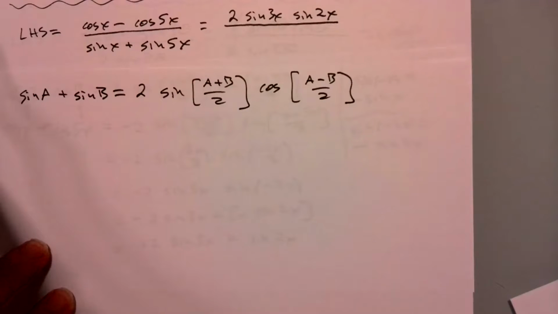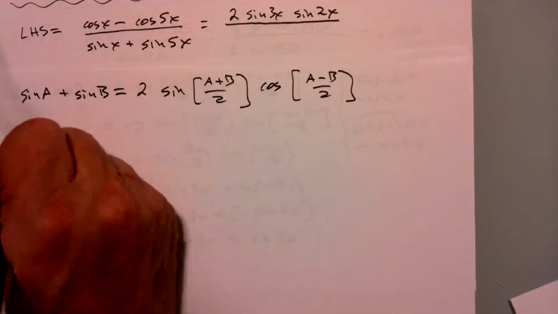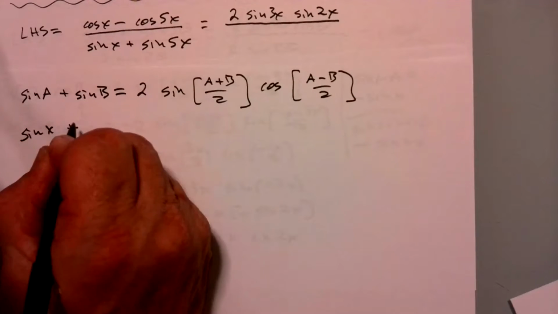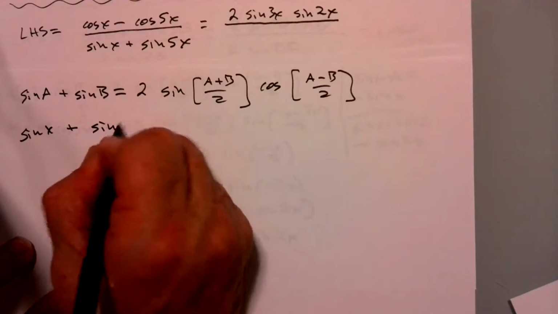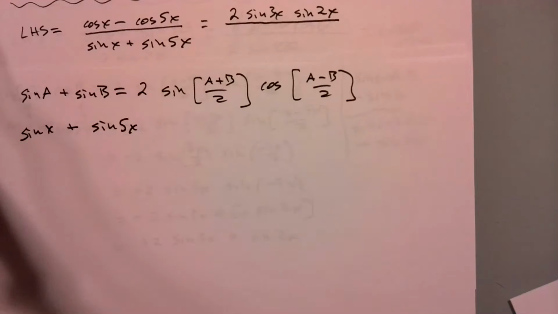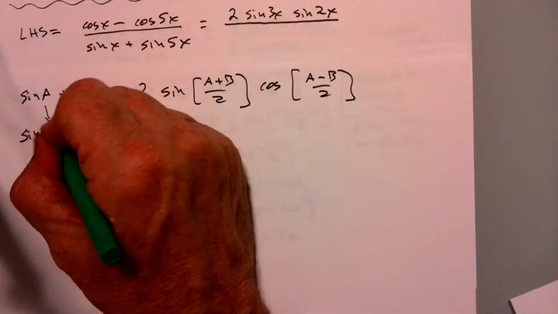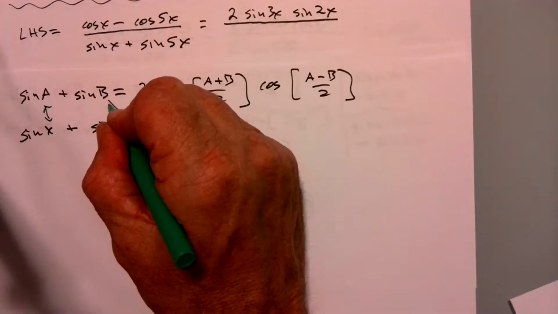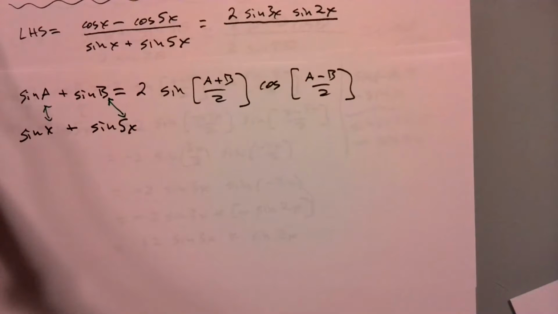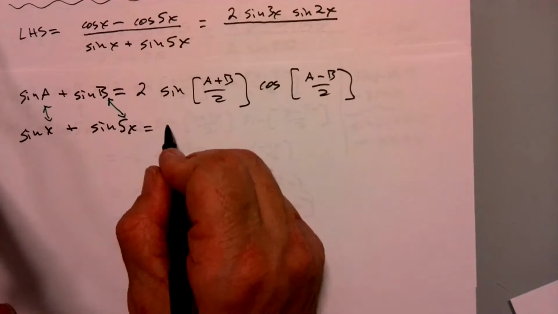And we need sine x plus sine 5x. So, of course, A will be x and B will be 5x. What's that going to give us?